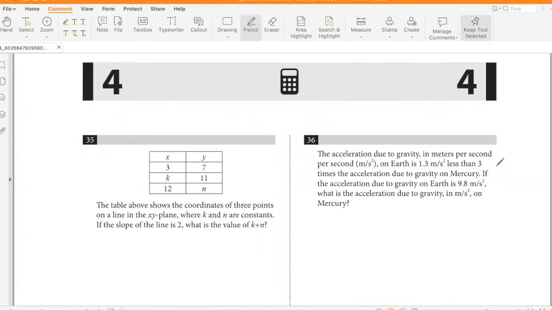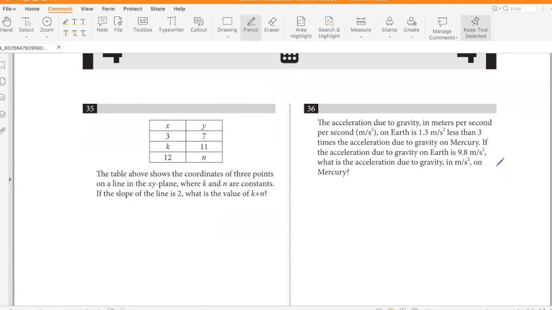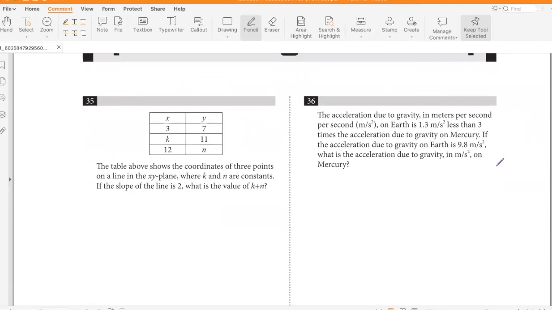The table above shows the coordinates of 3 points on a line in the xy plane where k and n are constants. If the slope of the line is 2, what is the value of k plus n? Okay, so slope of the line is 2. We can use 11 minus 7, 4 by k minus 3 is 2. So 2 into 2. So k minus 3 is 2.